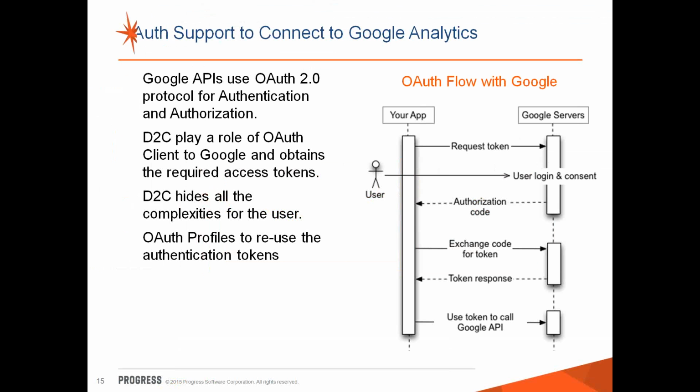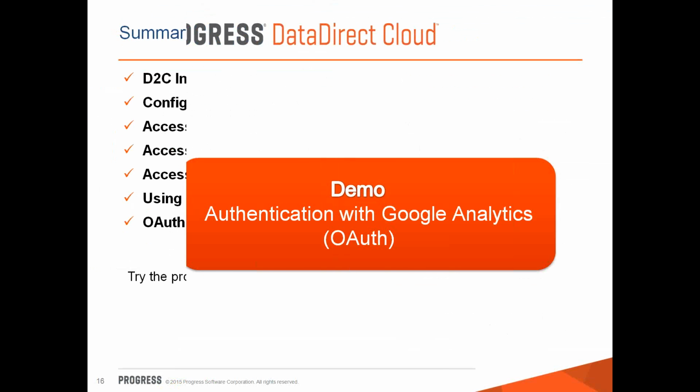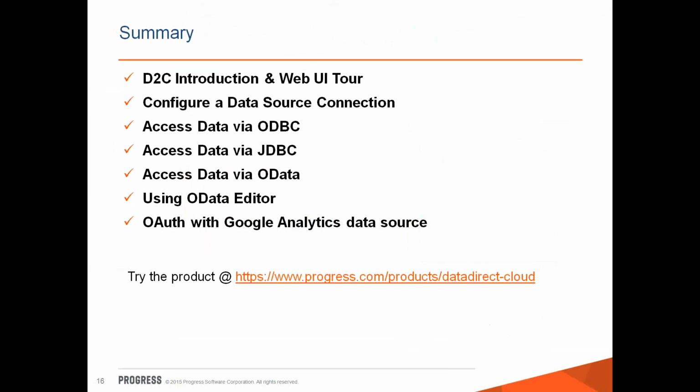So to summarize, we began with an introduction to DataDirect Cloud, and we did a quick tour of the web UI support we have, and we quickly created a configuration. We demoed how to create a data source connection, and once you create a data source connection, I showcased how you can gain access to the data using the ODBC interface, JDBC interface or OData interface.